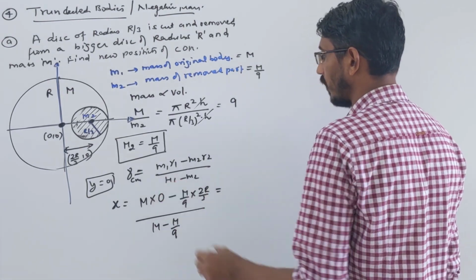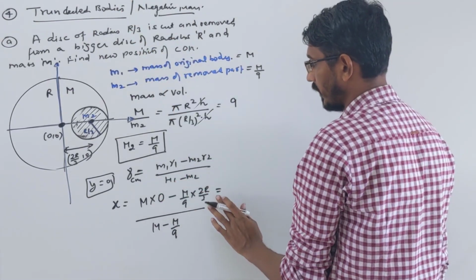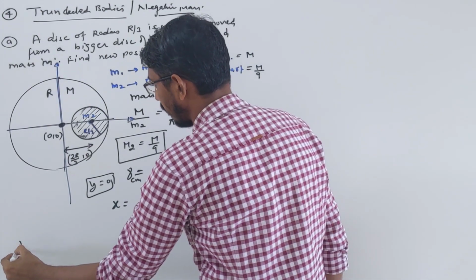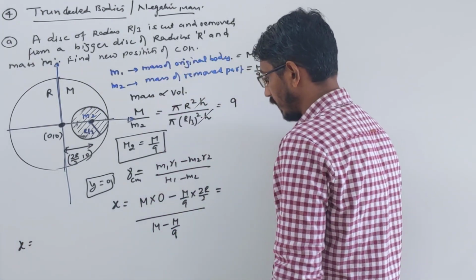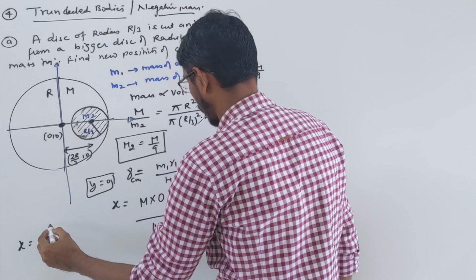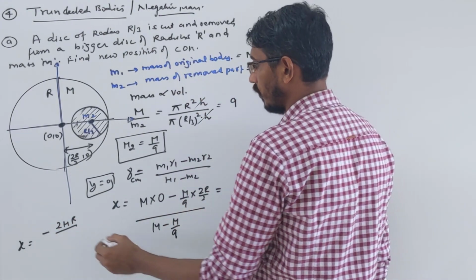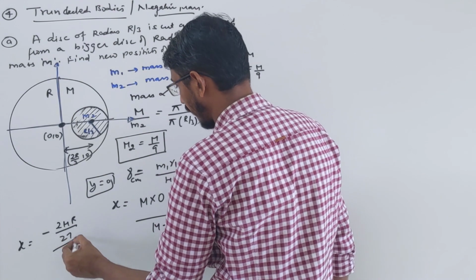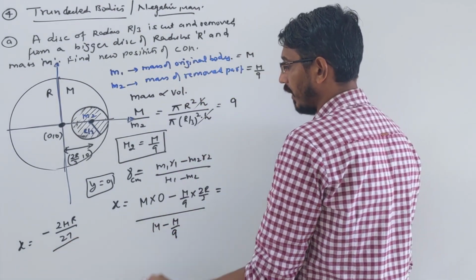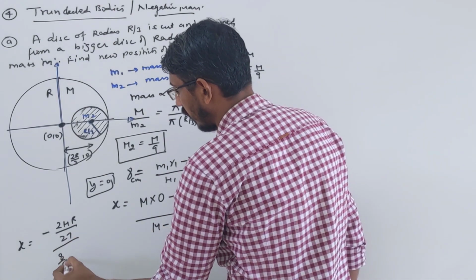So that term is already 0. Now the answer comes, so x will be minus 2mr by 9 into 2, 3 is 27, divided by m minus m by 9, so it becomes 8 by 9 of m.